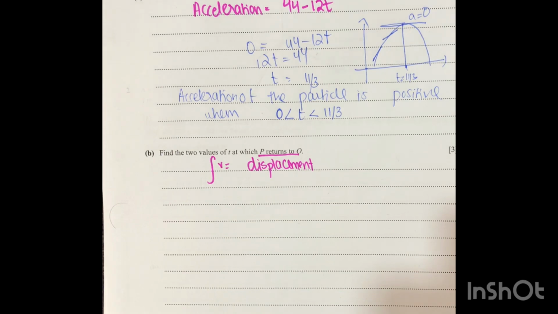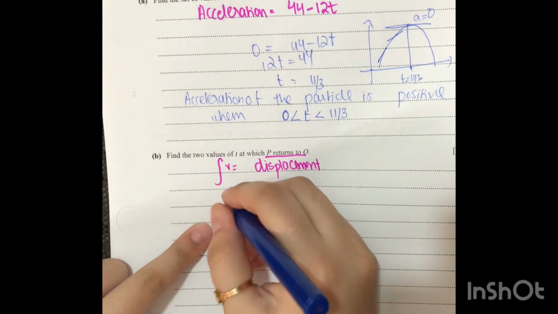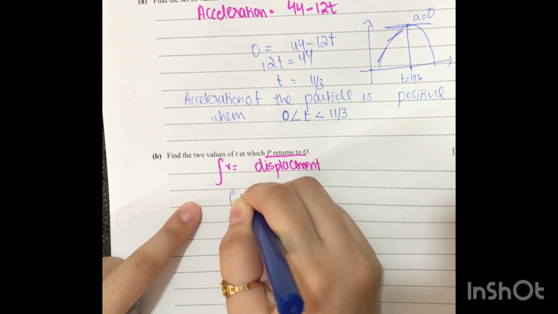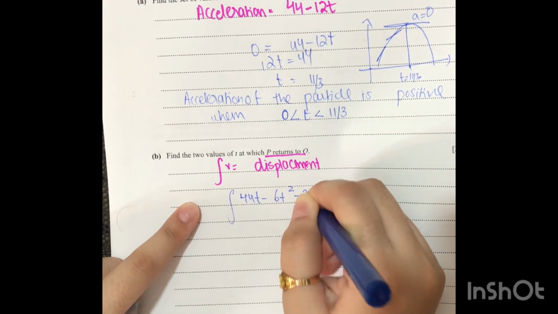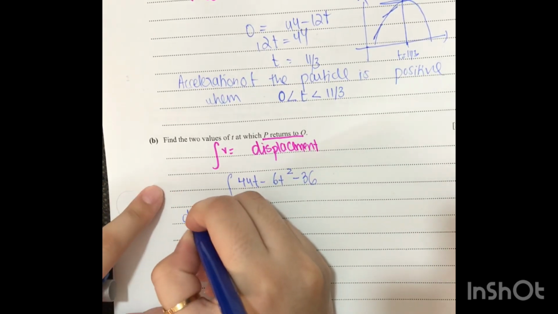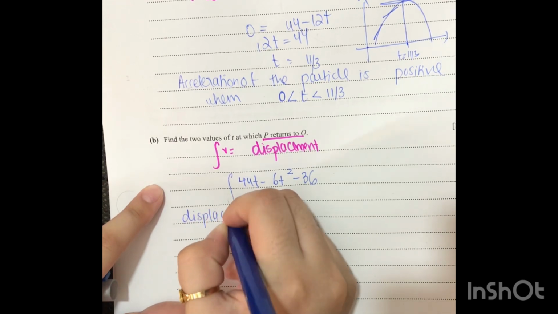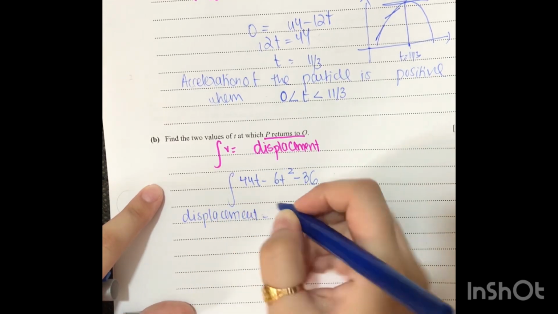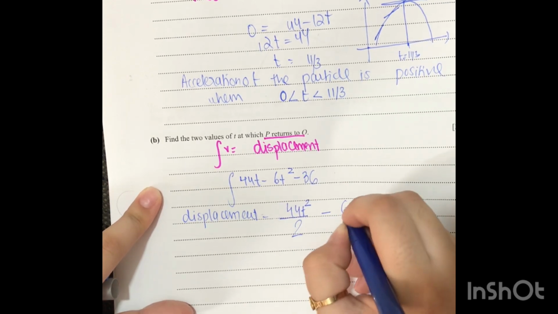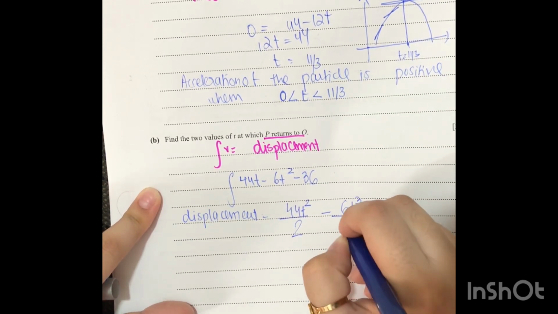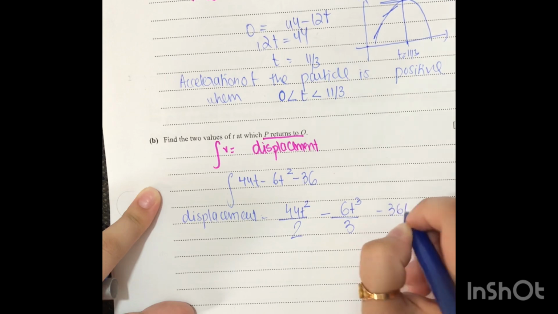So let's integrate velocity. When we integrate 44t minus 6t squared minus 36, displacement is equal to 44t squared divided by 2 minus 6t cubed divided by 3 minus 36t plus c.